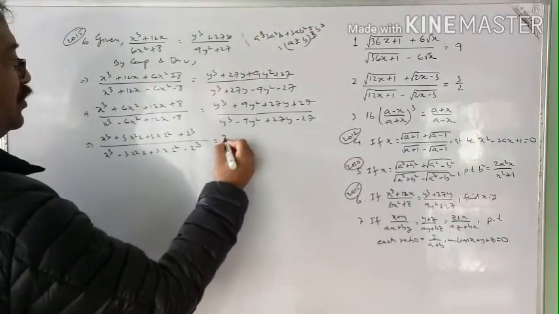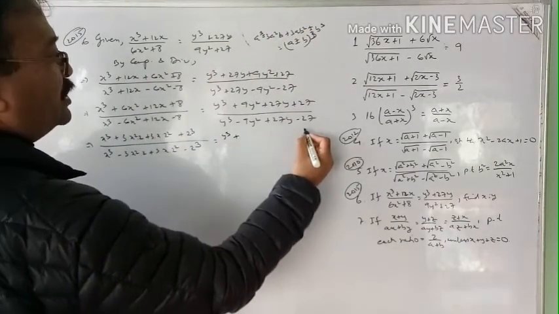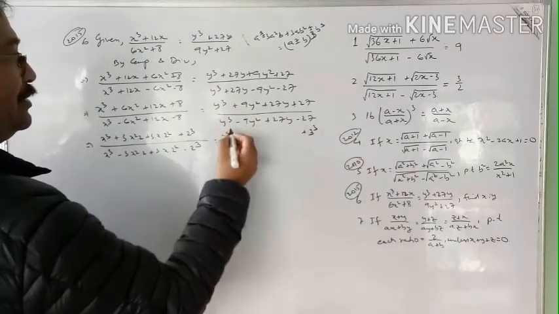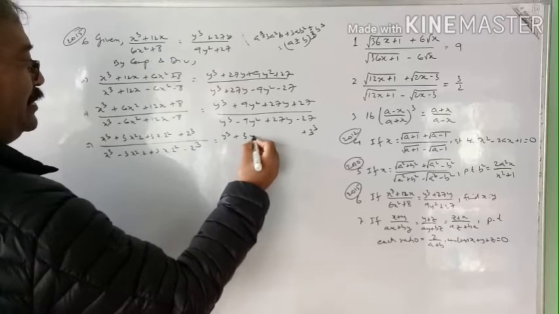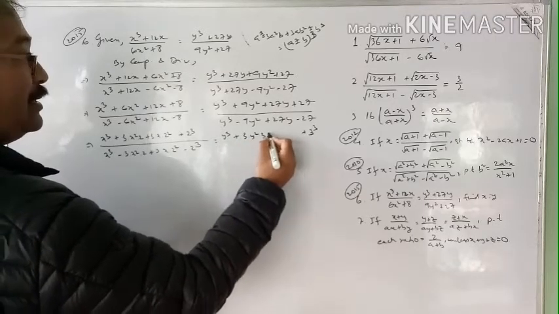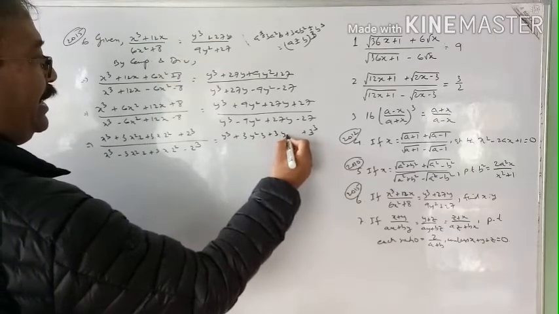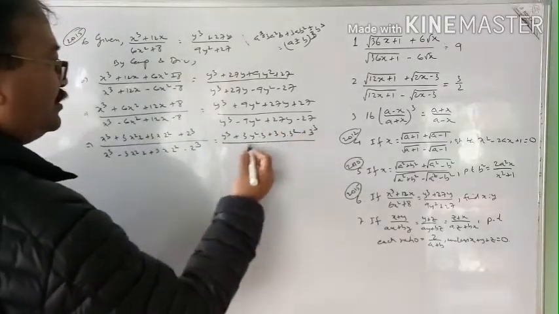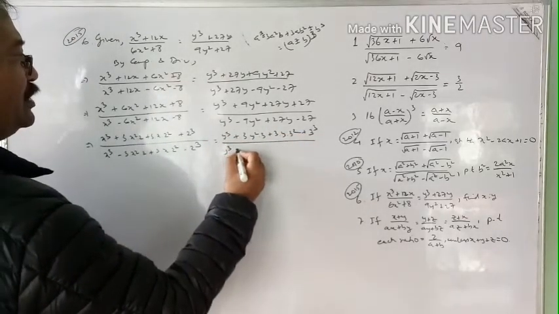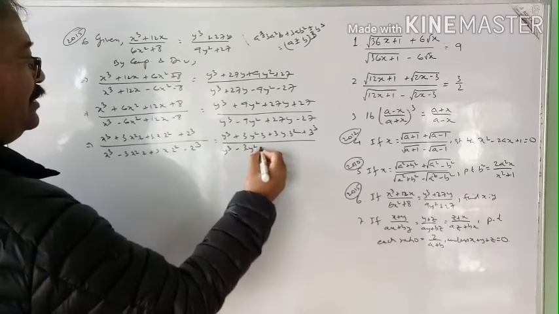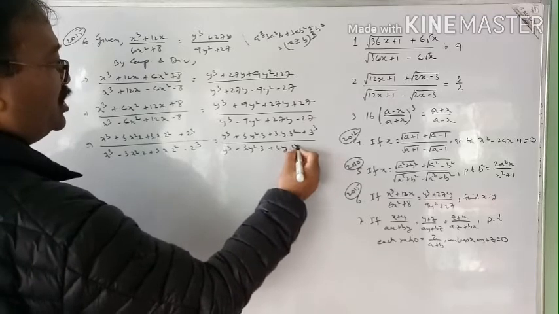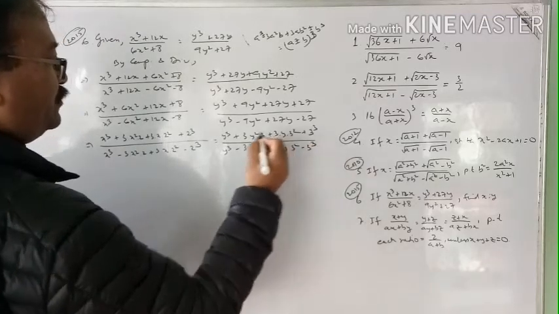Here numerator same thing, y cube plus, and 27 is 3 cube. So we know a and b. Now plus 3a square b plus 3ab square. Okay, so here y cube, same thing, only sign will change, 3 y square into 3 plus 3 into y into 3 square minus 3 cube.